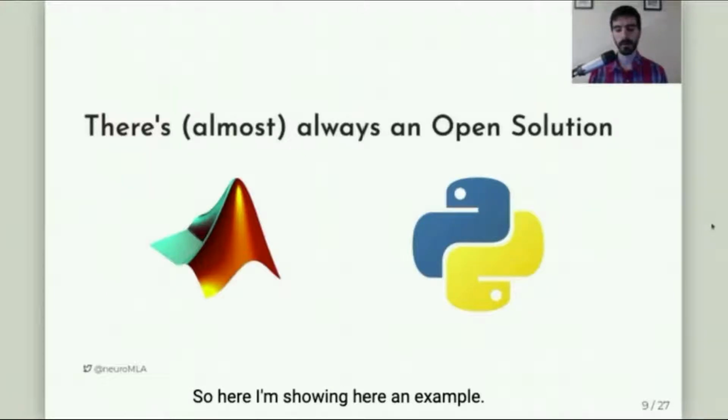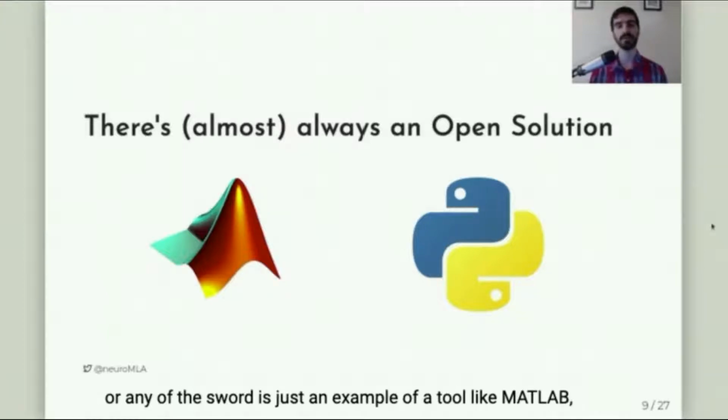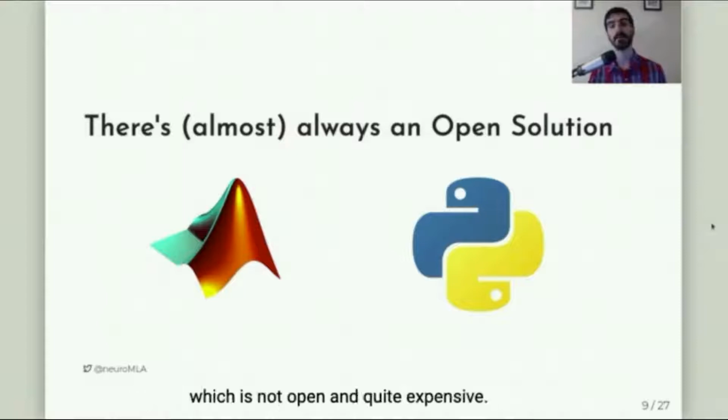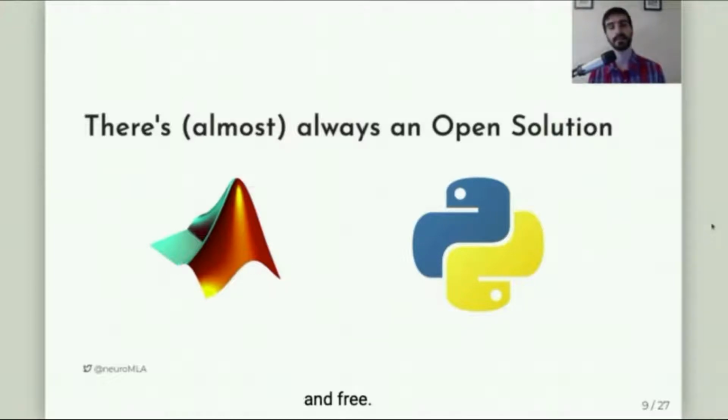Here I'm showing an example, and this example is not to make any kind of war between languages or anything of the sort. It's just an example of a tool like MATLAB, which is not open and quite expensive. And the alternative can be Python, which is open source and free.